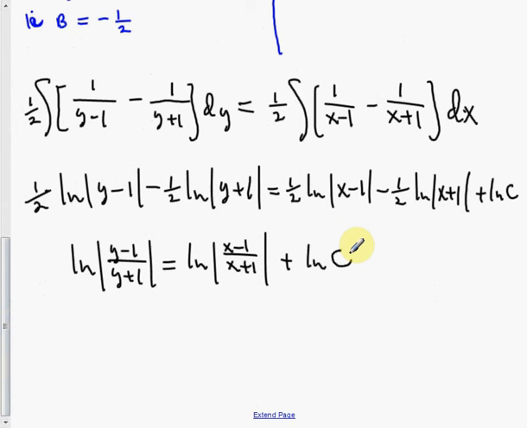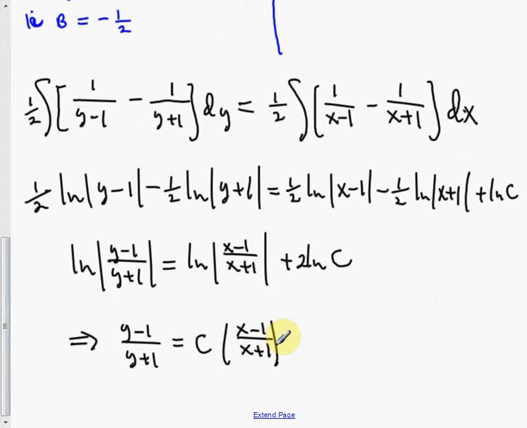Exponentiate both sides. I'll put that 2 there just so that you don't have a fit. So this implies that y minus 1 all over y plus 1 is equal to some constant times x minus 1 all over x plus 1.